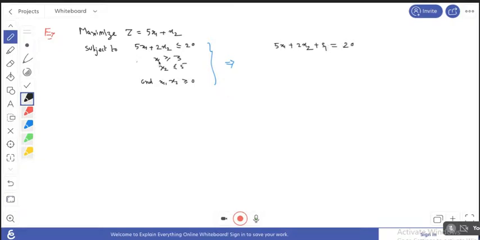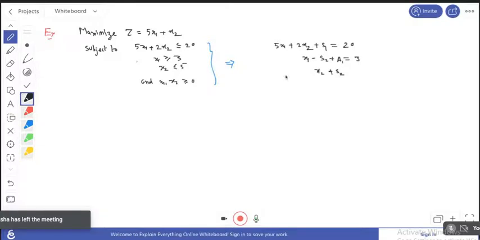But here for x1, we subtract a surplus variable, and it equals 3. So this means s2 equals minus 3, which is not allowed. That's why we write an artificial variable, that is a1. And here this is x2, and your inequality is less than or equal to 5. So that's why we write the s2 variable.